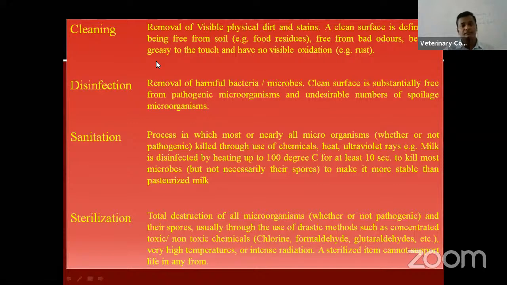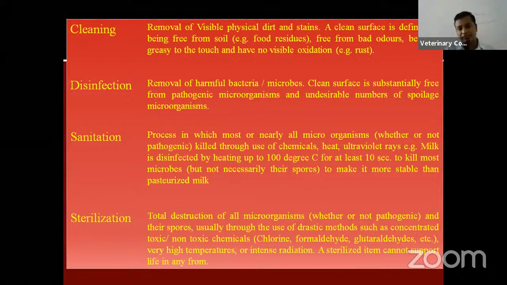The second process is disinfection. Disinfection is a process of elimination of microorganisms, and invariably we apply it to non-living surfaces. Why non-living? We have a similar term, sanitation, or sanitization.